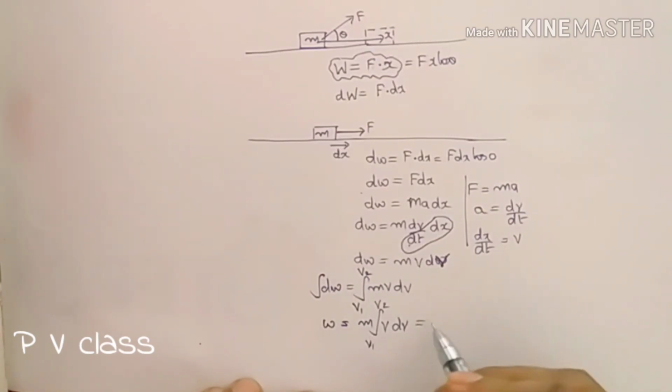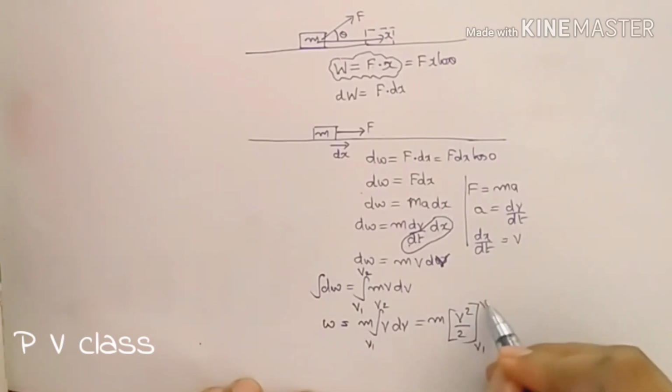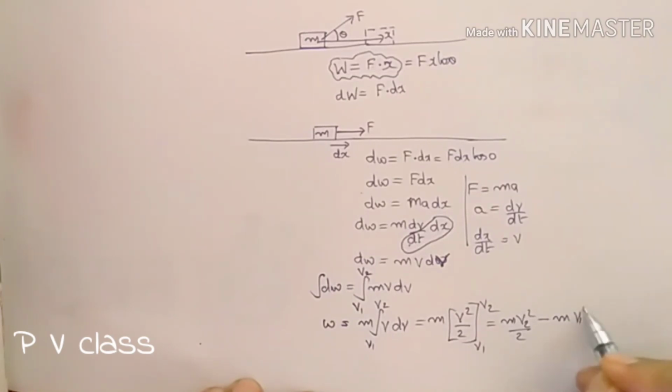Integral of v dv is v square by 2. Therefore m into the integration will give you v square by 2. We put a square bracket, then write v1 to v2. Then putting upper limit minus lower limit, we get m v2 square by 2 minus m v1 square by 2.